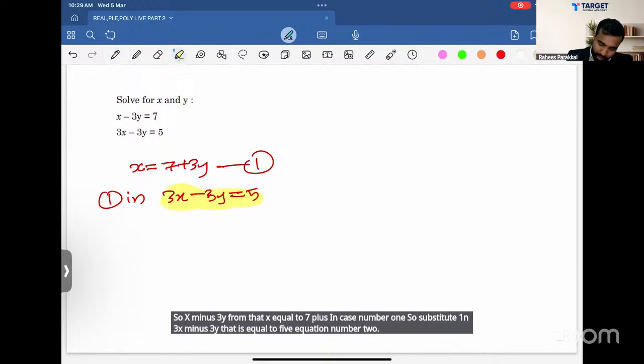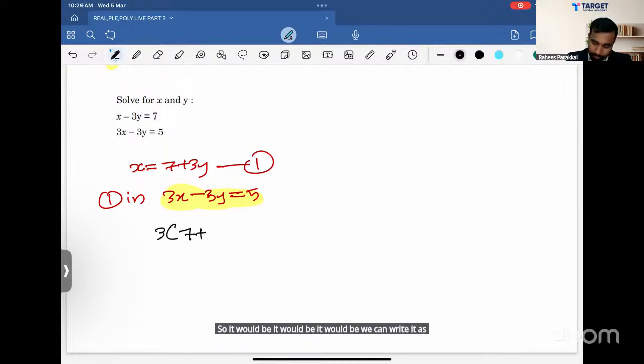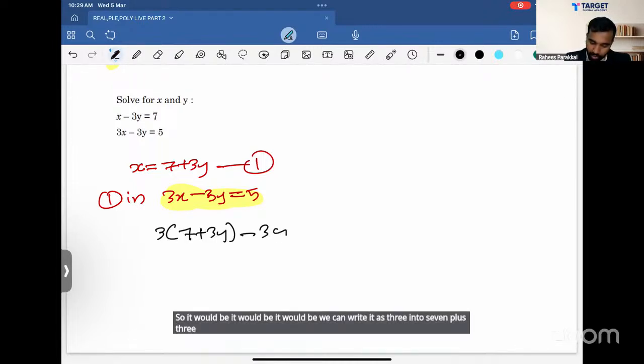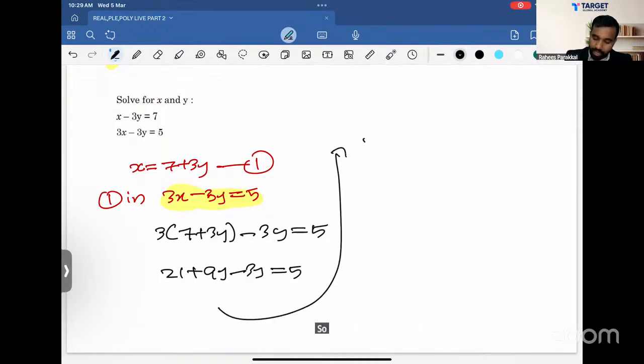So we can write it as 3 into 7 plus 3y minus 3y, that is equal to 5. 3 7s are 21 plus 3 3s are 9y minus 3y, that is equal to 5. So it would be 21, 9y minus 3y, that is 6y, that is equal to 5.